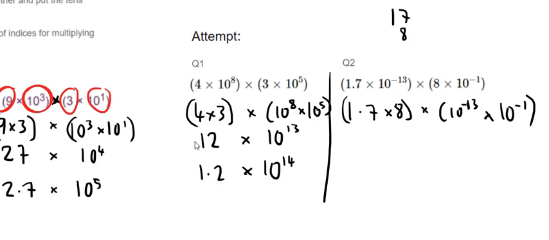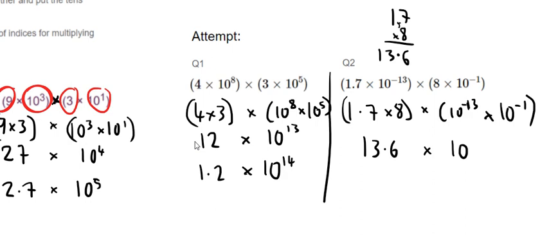I can do it roughly: 8 sevens are 56, and 8 ones are 8, add 5 is 13, so 136, and then you have to put back in one decimal place. So 13.6 times 10 to the power of, and now you have to do minus 13 plus minus 1 as the power.